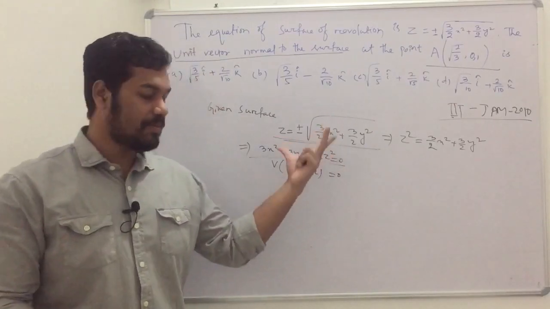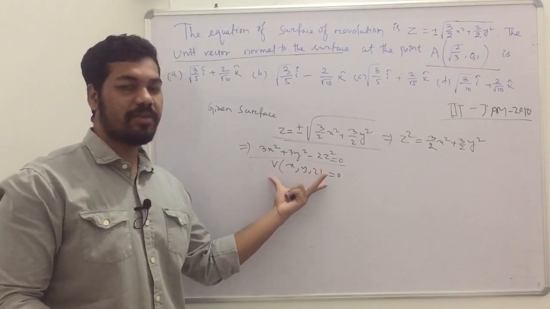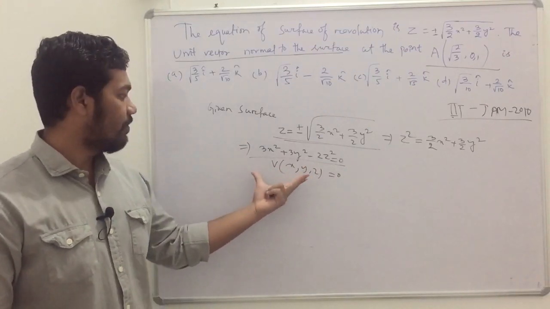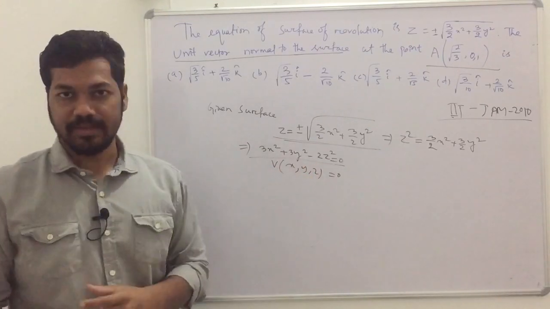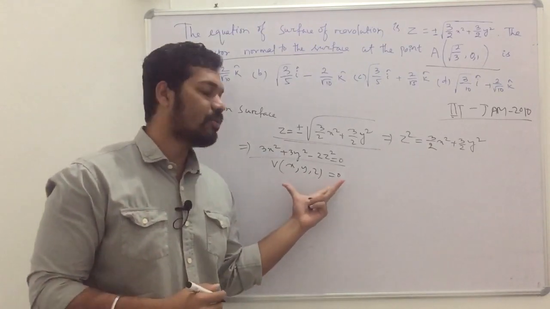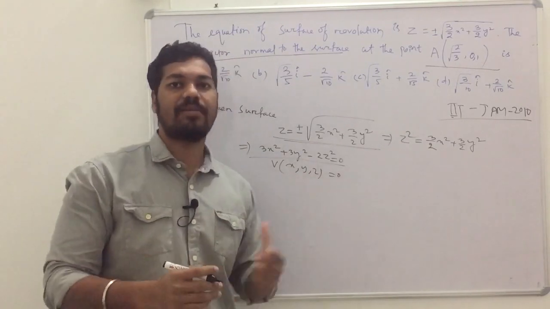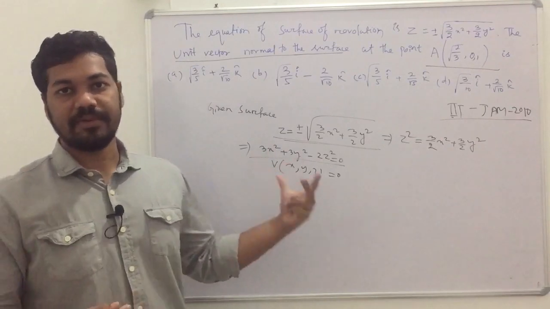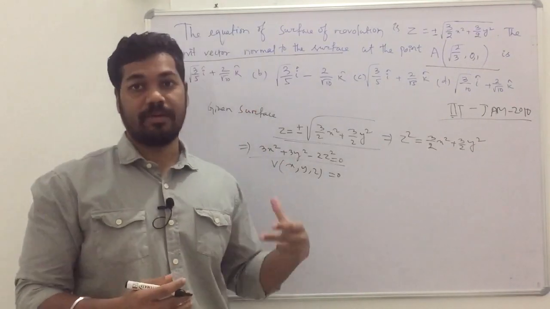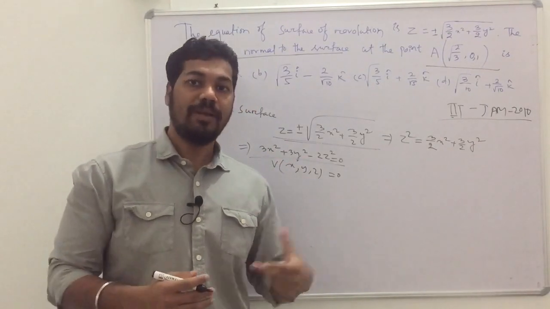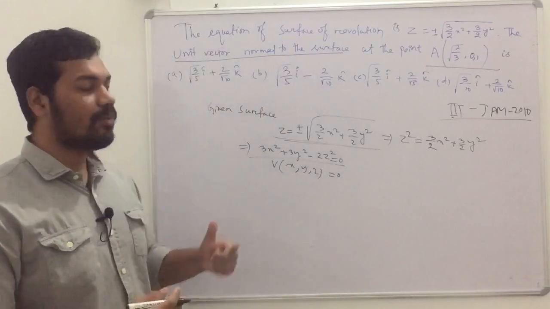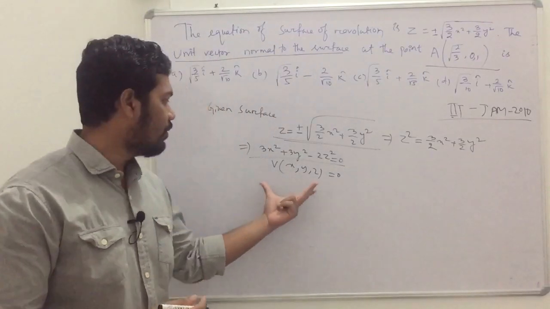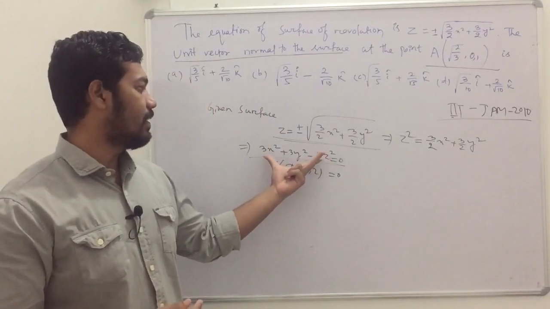As the concept says, v is a function of x, y, z. Now your job is to find the gradient of this scalar function, which represents the perpendicular vector to the surface, and next we will calculate the unit vector normal to this surface.